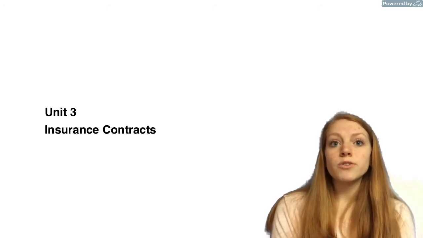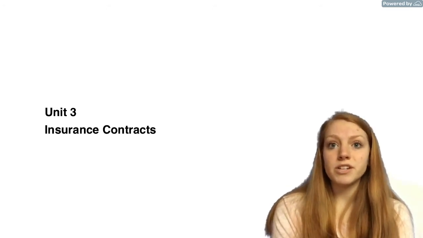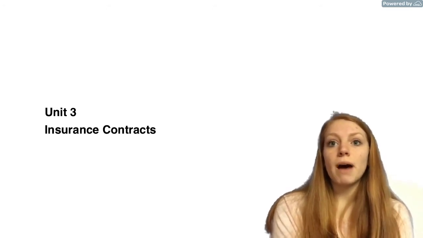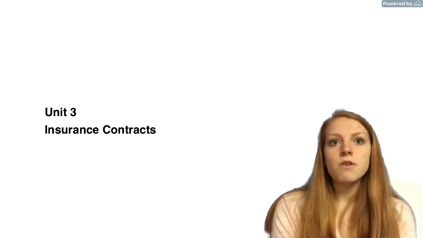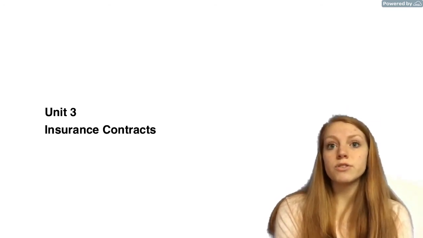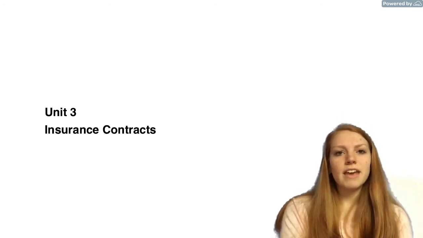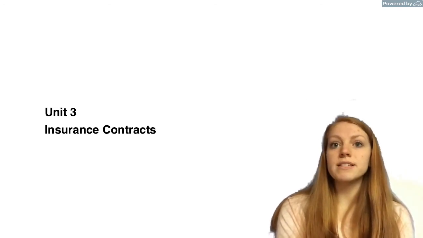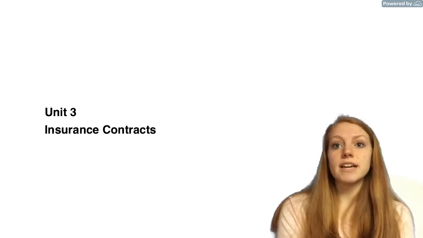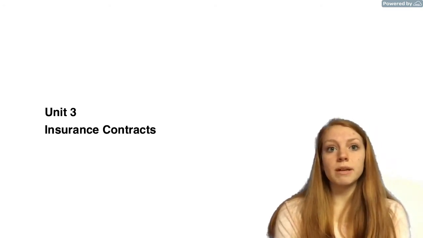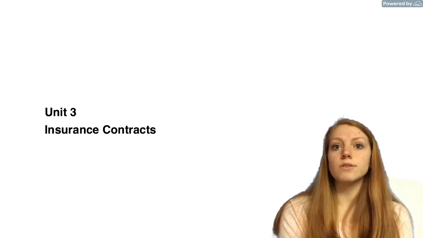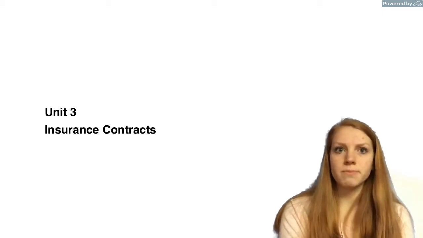The structure of contracts begins with the application, which is the offer to buy insurance, and the binder, which provides temporary coverage until the policy contract is issued by the agent or company. The actual insurance policy is comprised of 5 sections, including declarations, insuring agreement, exclusions, conditions, and endorsements/riders.